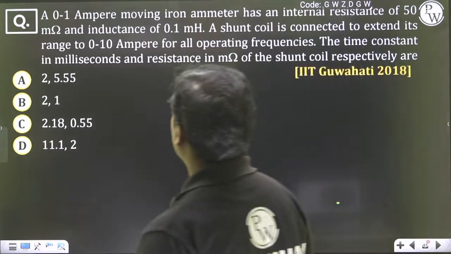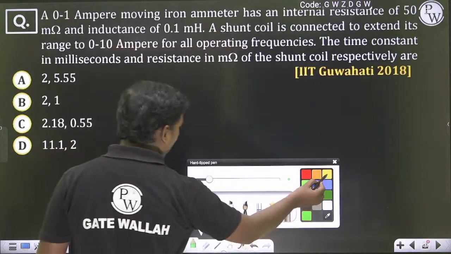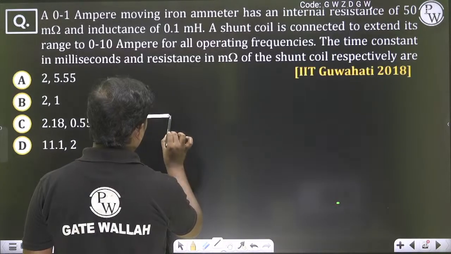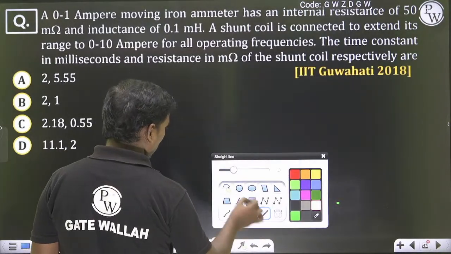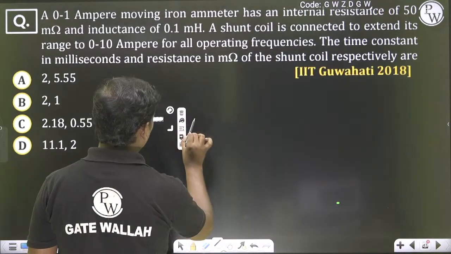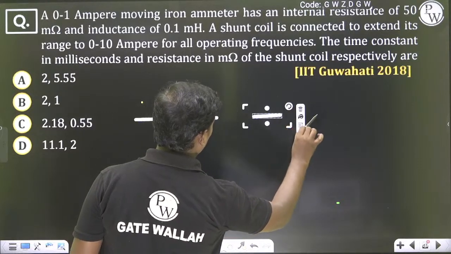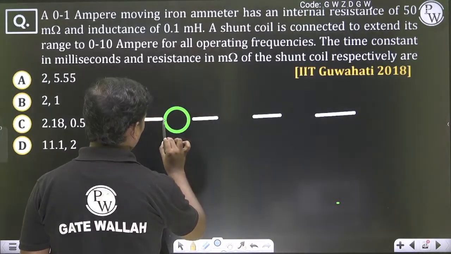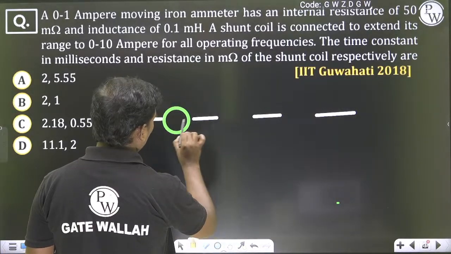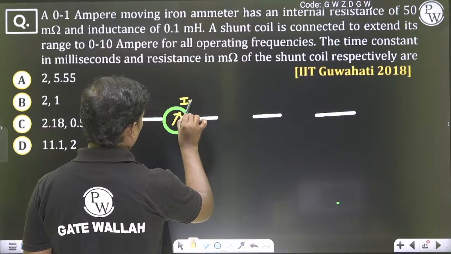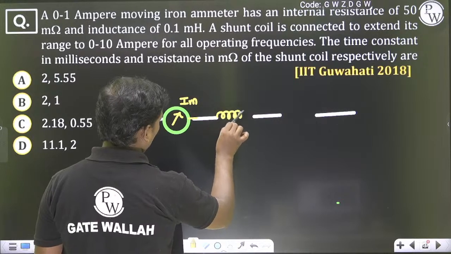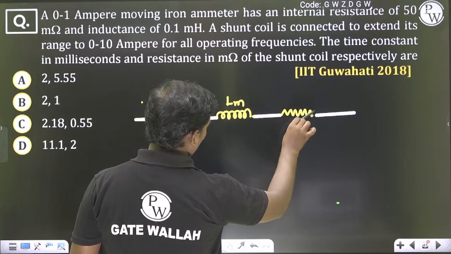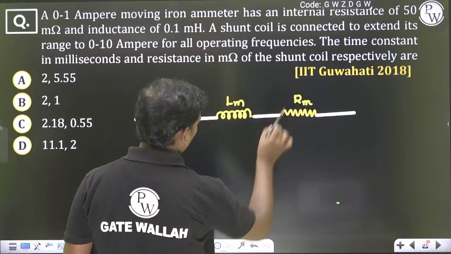How to do it? First of all, let me draw the moving iron diagram. The moving iron diagram will be like this. This is IM, this is LM, this is RM.